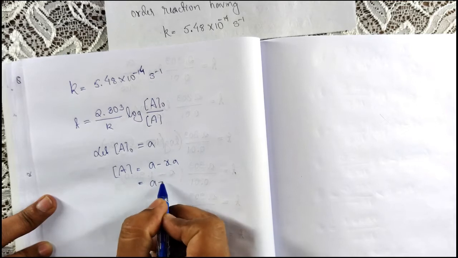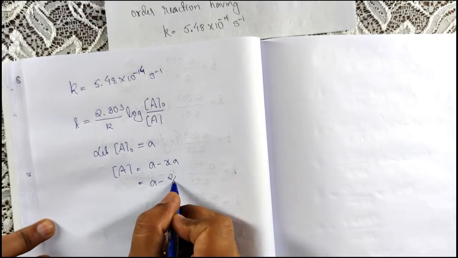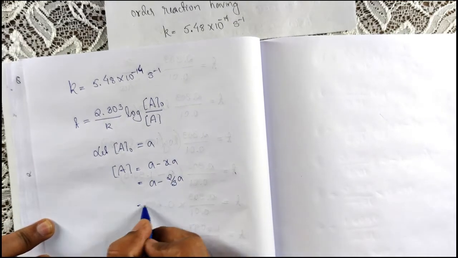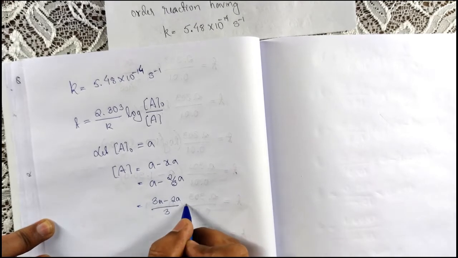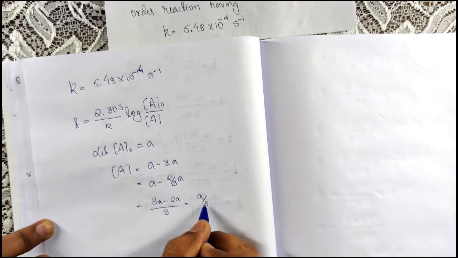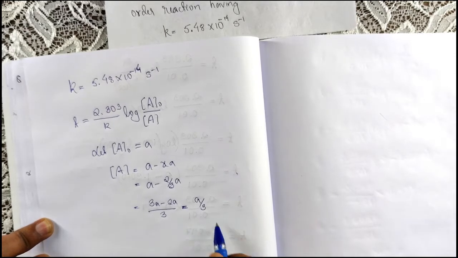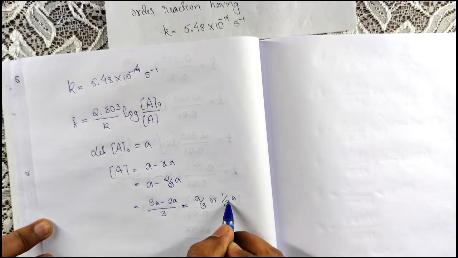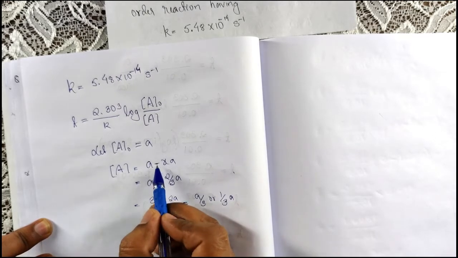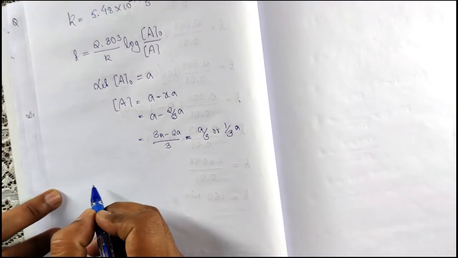So X will be how much? It is 2/3, 2 by 3A. So you can write 3A minus 2A by 3 is equal to A by 3, or 1 by 3A, for 2/3 of a first order reaction.